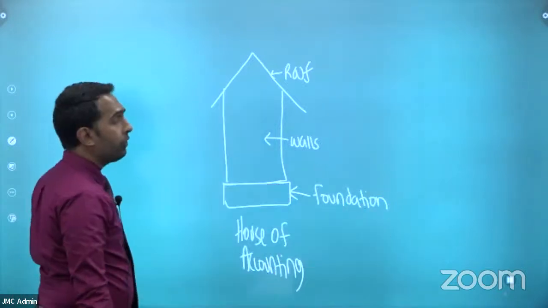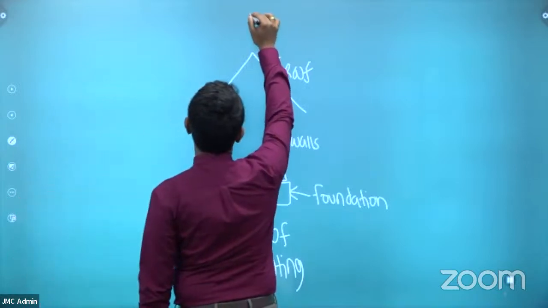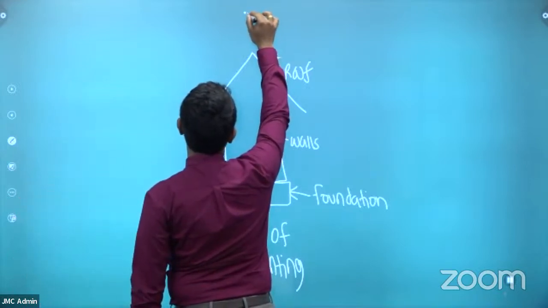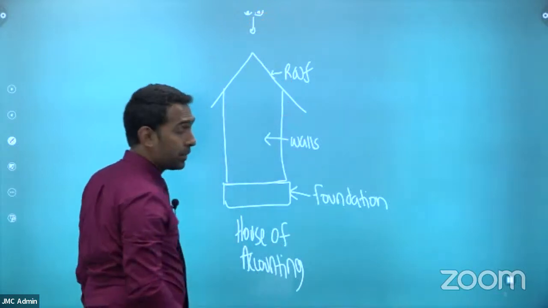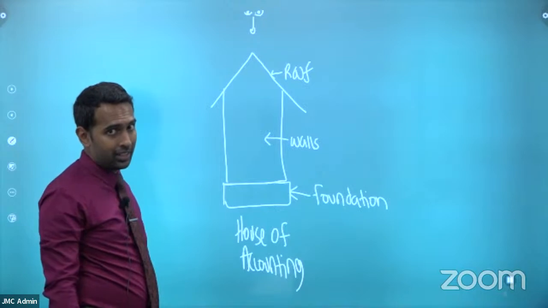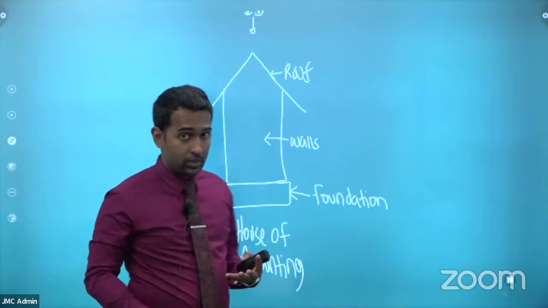Now, if we have a kind of a bird view or a helicopter view, let's say this is us, this is our eyes, we are looking at this particular house called the house of accounting. What we can see is the roof on top, right?